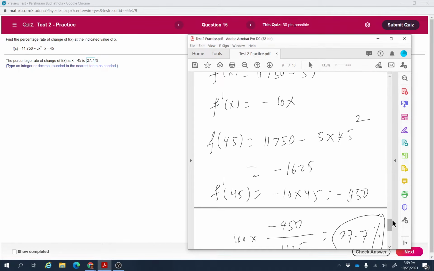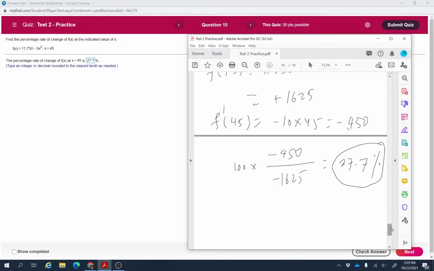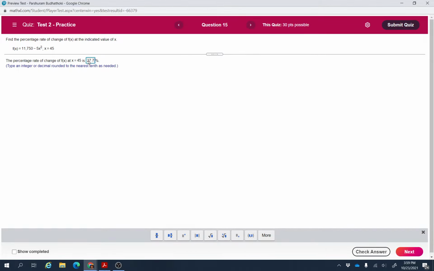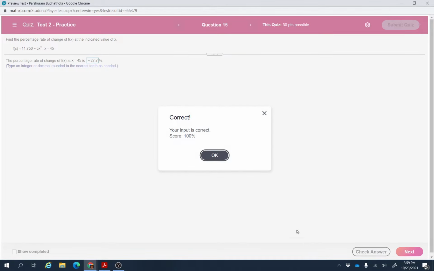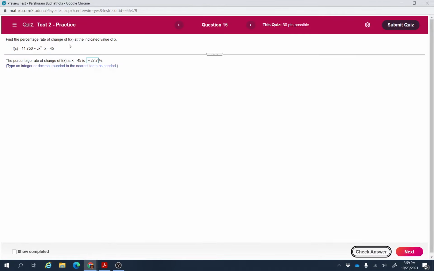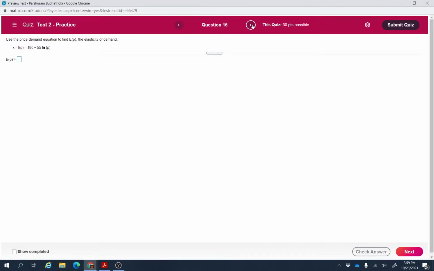So here it's not negative 1625, it's positive 1625. So if I divide negative number by positive, that will be negative 27.7%. So instead of just 27.7%, I need to write negative 27.7%. Look, the only problem was missing that sign, or adding that extra sign.